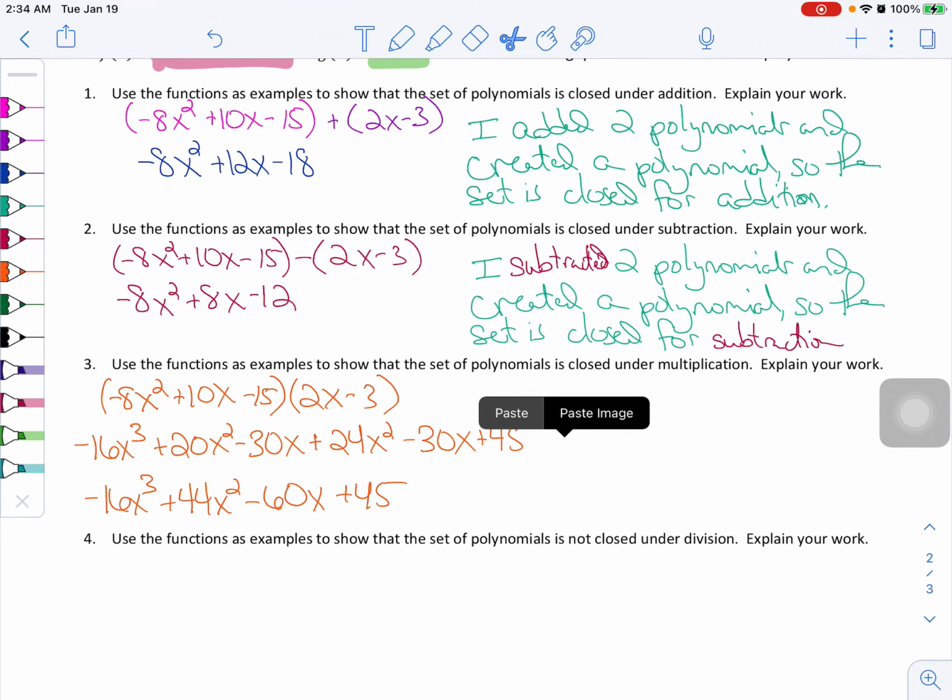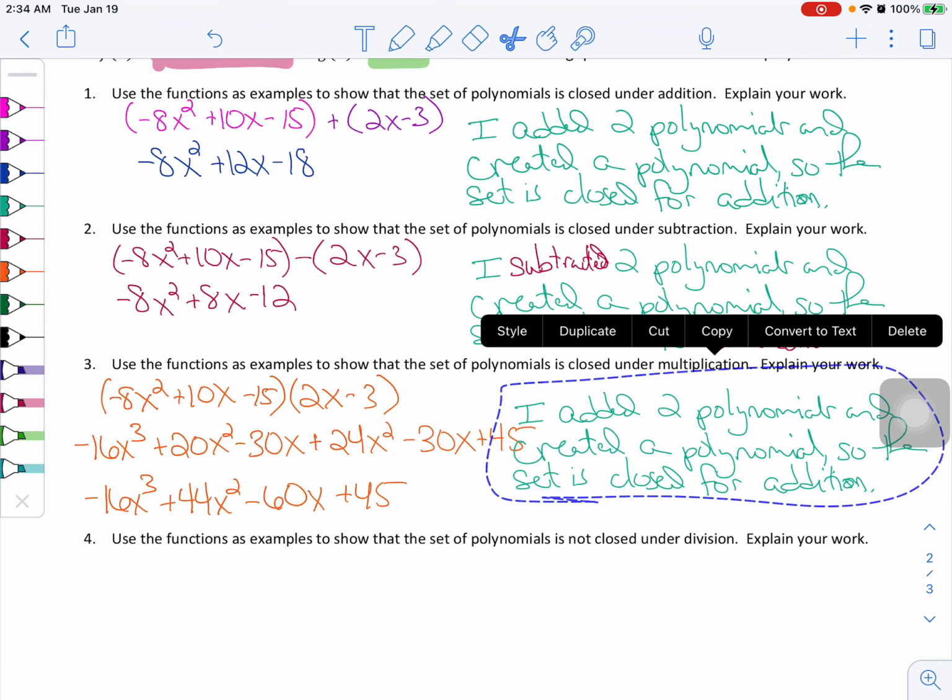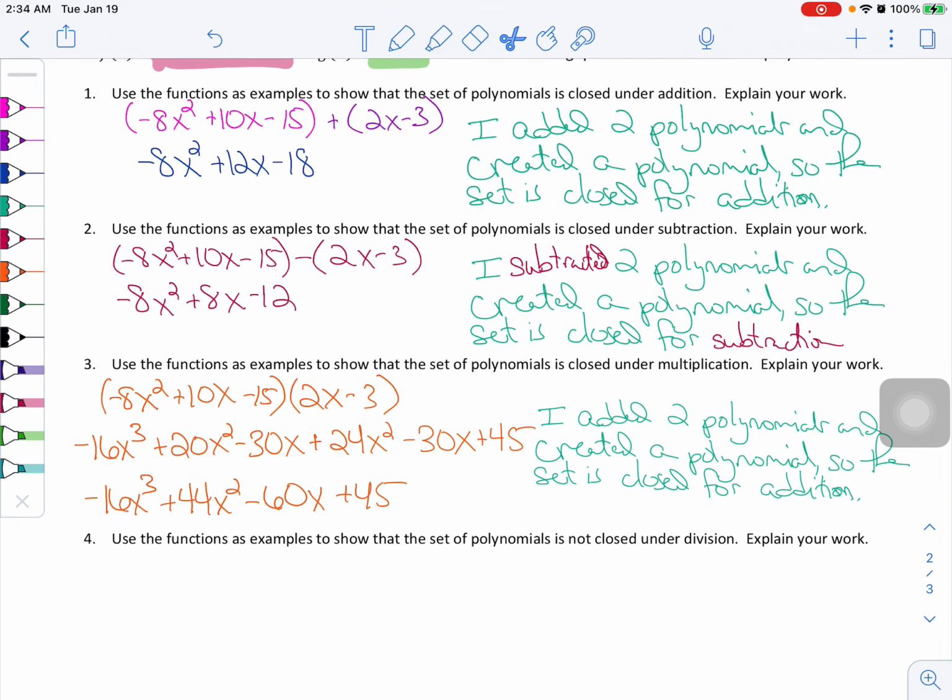And then if I paste it again, because why not? It's the same explanation for each one of these, so you don't have to reinvent the wheel here to make it work. I multiplied two polynomials and created a polynomial, so the set is closed for multiplication.